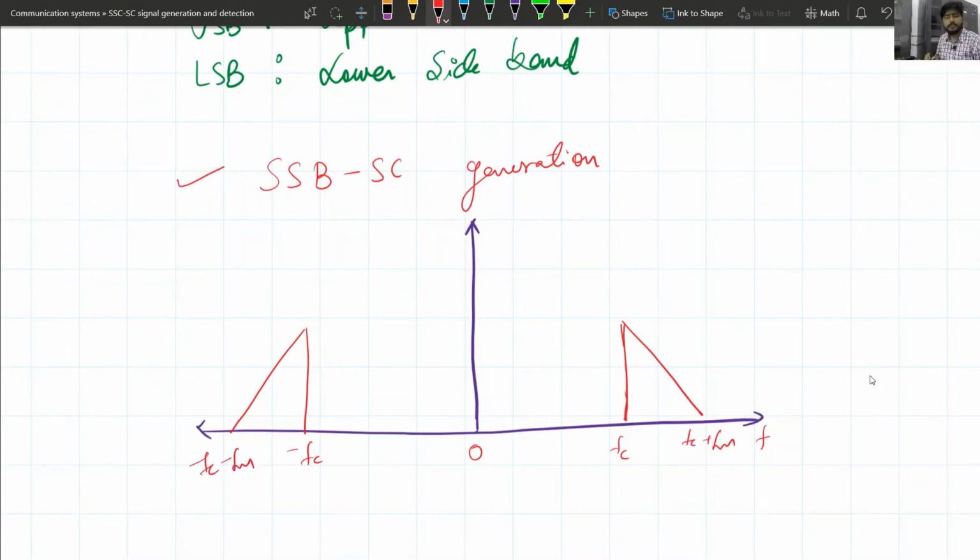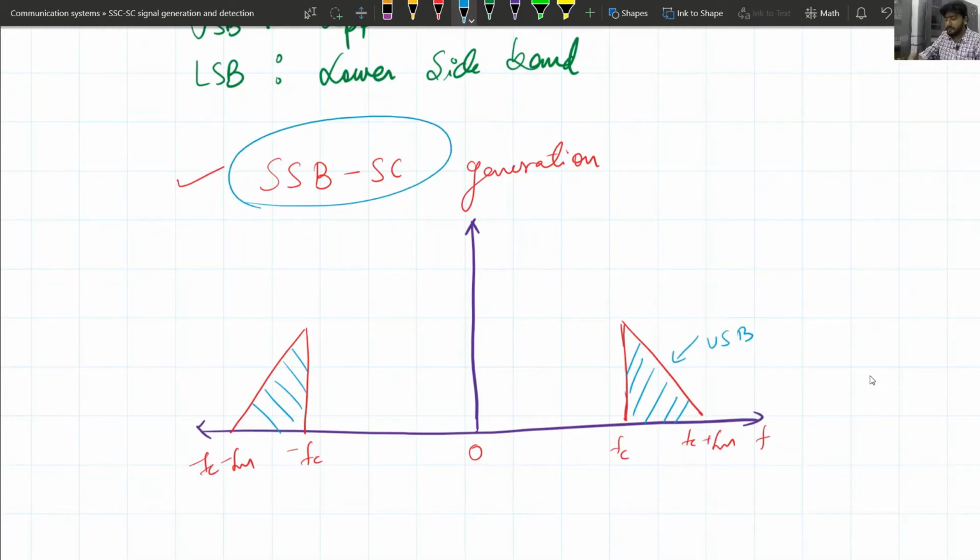Either you transmit the upper sideband, this is the upper sideband. In that case, the SSB, that is the single sideband suppressed carrier, will be known as upper sideband suppressed carrier. In this case also, the carrier is suppressed, just like the case of the DSB-SC signal.